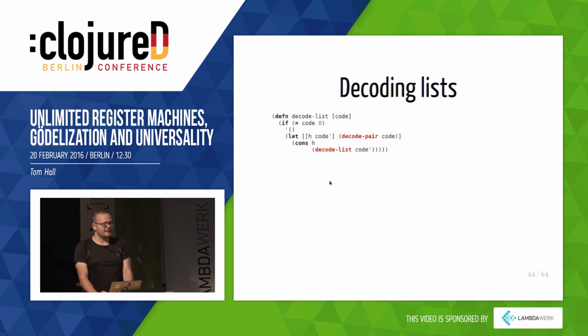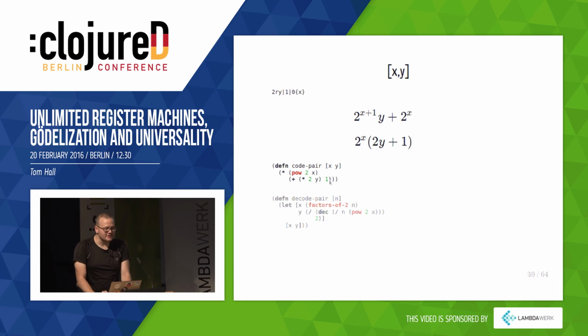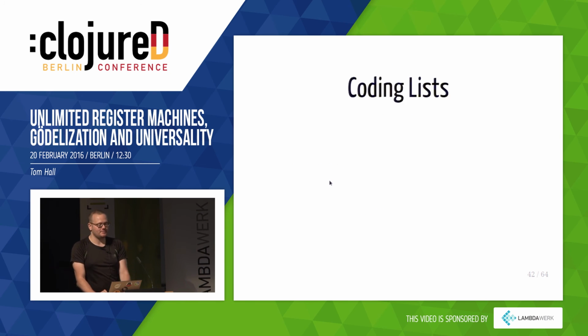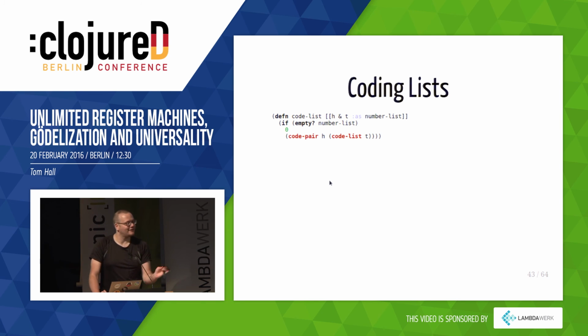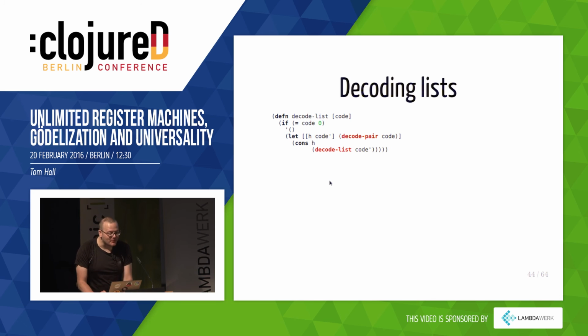So if we can take pairs, we can say the front is this, the tail is this other thing, and we can do cons, but actually, because our function excludes 0, so we're saying 2 to the x times 2y plus 1, that actually excludes 0, so we can keep 0 as a special number and use it as a terminator when we make lists from numbers. So I'll show you how lists are coded in 1 minute. And I might have to punt everything else off and just show you the universal machine.